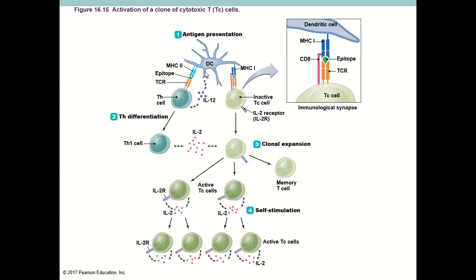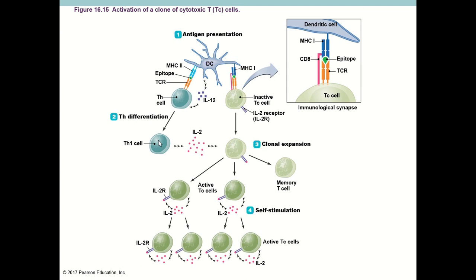These APCs are going to bind to helper T cells, and that binding will cause the dendritic cell to release interleukin 12. This interleukin 12 will help the helper T cell differentiate into a helper T1 cell and a helper T2 cell. So you've got two different types.